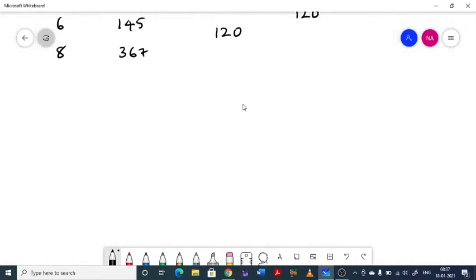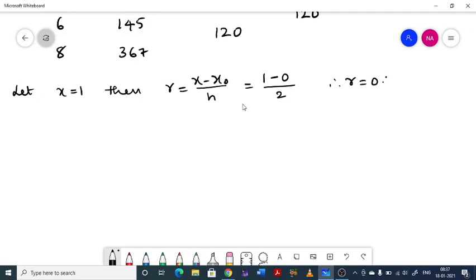Now let x equal to 1, then r equal to x minus x naught by h, right? So here x is 1, x naught 0, h 2. So r equal to 0.5 or 1 by 2.